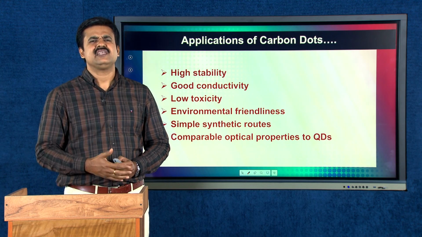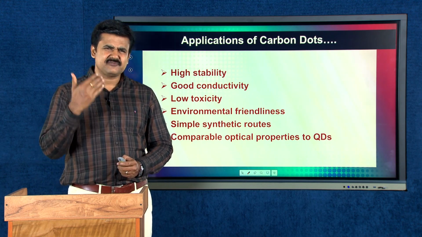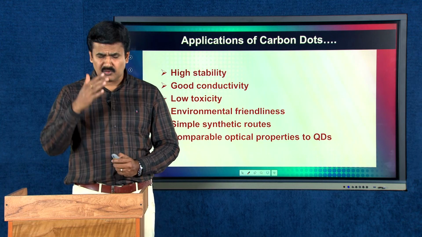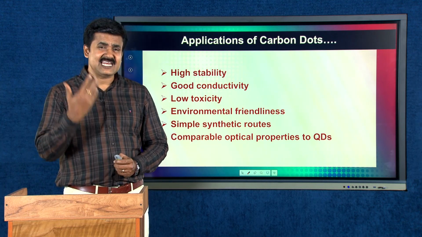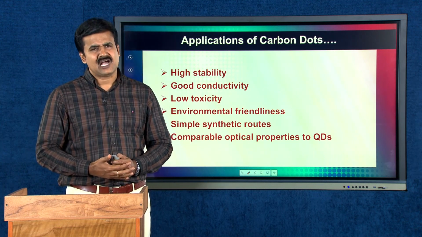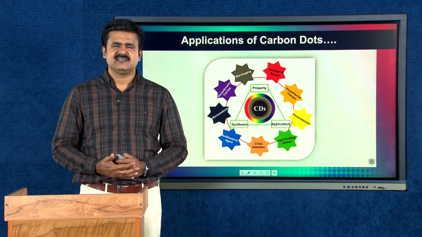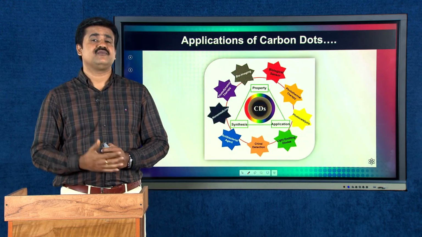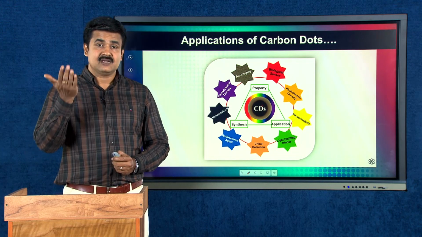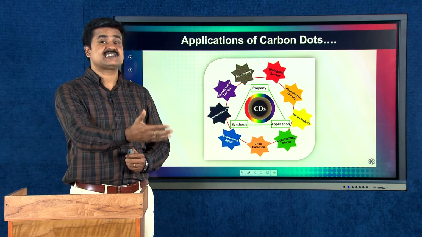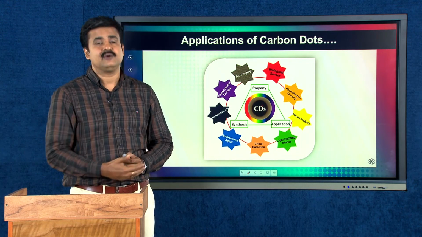These are very important characteristic features of carbon dots that enable them in several applications. And the applications of carbon dots are based on the characteristic features that we discussed just now.